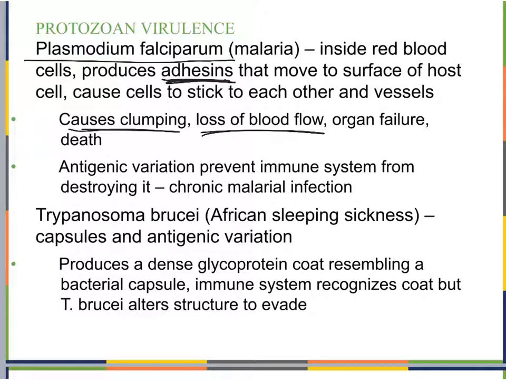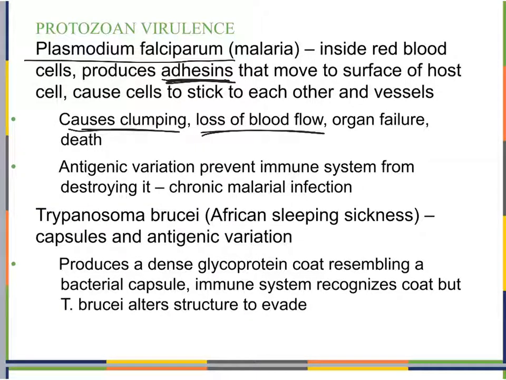And that's because as it's doing this, right, as Plasmodium is sticking these cells together, clumping them together, not only are these cells being clumped together and therefore no longer useful as far as dropping off oxygen and picking up carbon dioxide, but they also will get stuck in our smaller capillaries. And as they're getting stuck in the smaller capillaries, then we lose blood flow to oftentimes the extremities and other areas that have small capillaries. Like think about our kidneys, for example.